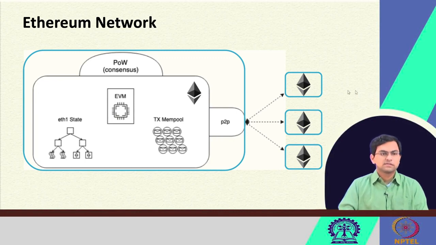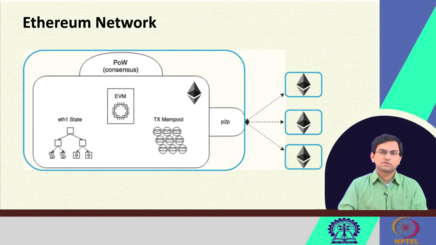If we consider this particular blue box, then we can say that it is an Ethereum node, and this diagram inside this blue box is basically the Ethereum client. So, this Ethereum client has many components. The most important one we can say is the POW consensus module. This particular consensus module is responsible for handling the consensus in the Ethereum network, and it can actually run multiple algorithms.